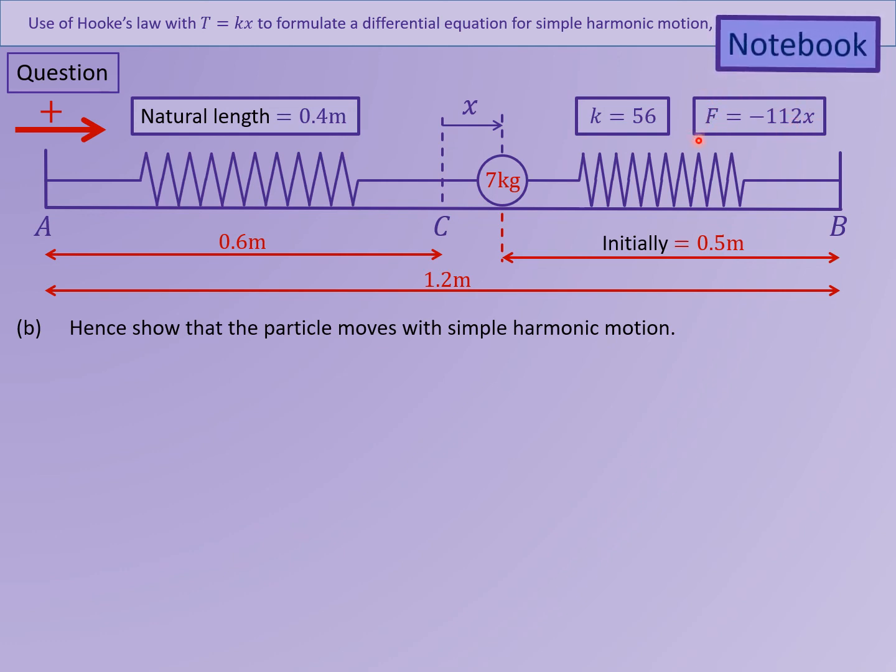Well, I know that force, F, equals mass times acceleration. So that is what I'm going to use: F equals ma. Now the force is minus 112x, mass is 7, acceleration is my x double dot, or d squared x over dt squared. So therefore I've got my equation.